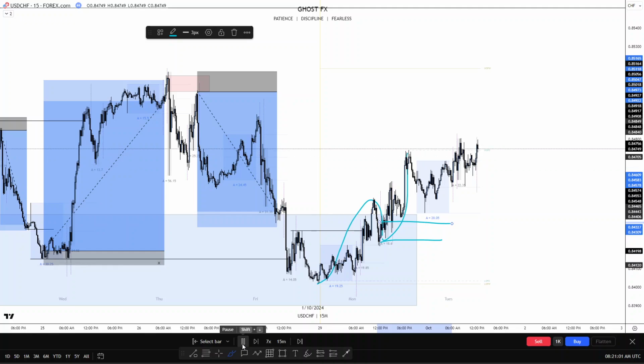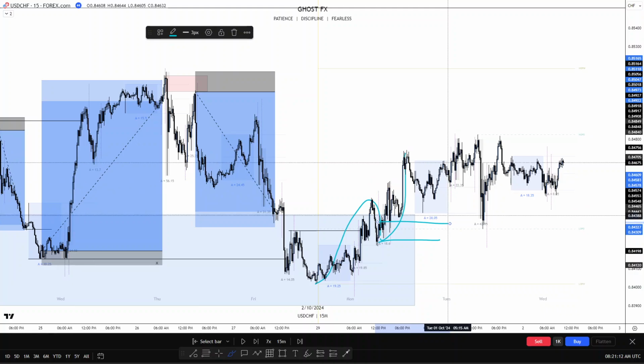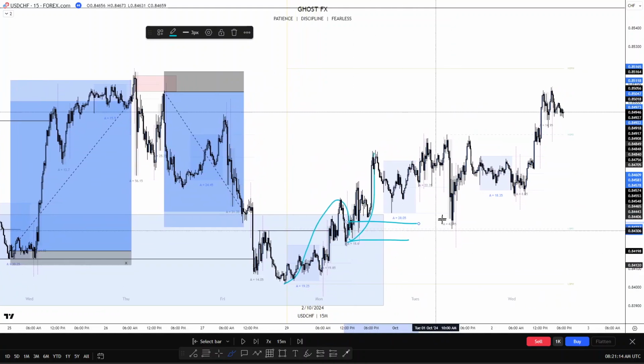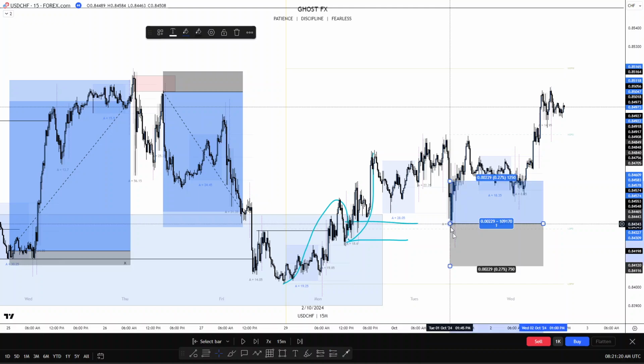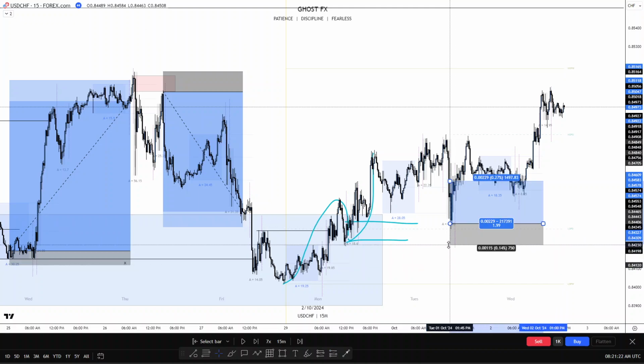Why is my price delaying? Good. So, oh, wait. We would have taken our trade here. There's our demand. So we would have taken our trade here. Cover here. Then target 1:3 first.